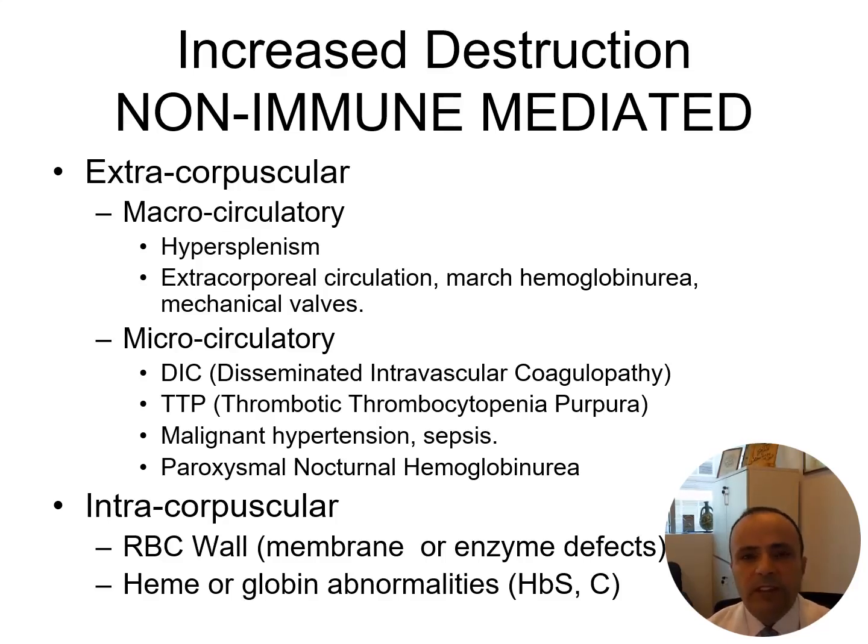There are also other clinical entities, for example, extracorporeal circulation. So when a patient goes for a heart bypass surgery, in order for the surgeon to operate on the heart, they have to stop the heart from beating, or else they cannot operate on it. So what they do is they put in a bypass machine.